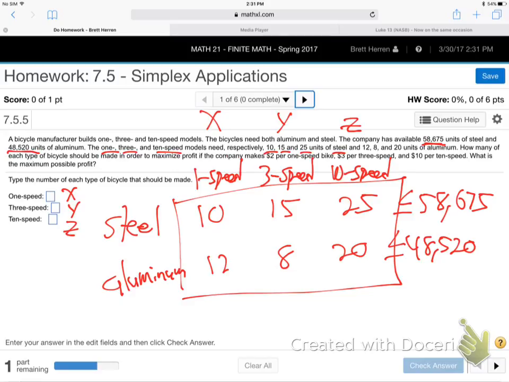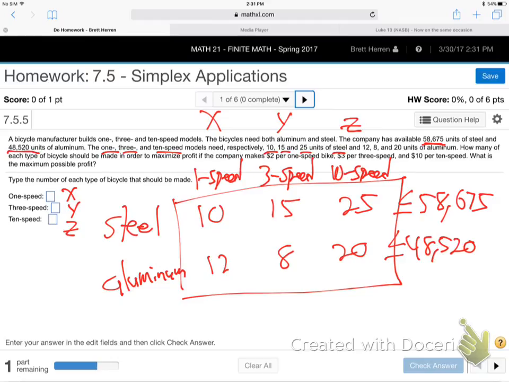Everybody good so far? Am I racing ahead of you? Everybody see how I'm getting those facts? So for the steel, for the 1, 3, and 10, it's 10, 15, and 25 for the steel, 12, 8, and 20 for the aluminum. And then here's the total steel and the total aluminum. So that's my inequalities.